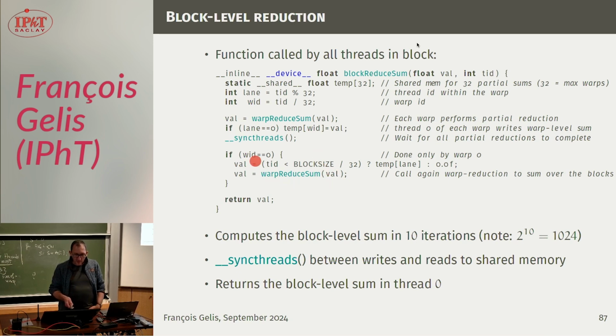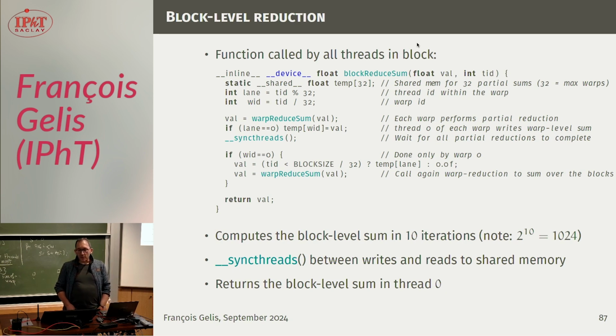And then you have 32 values in this array of shared memory corresponding to the partial sums within the warps. And you again want to sum these 32 numbers. And in fact, since 32 is also the size of a warp, you can call once more this function that does the sum inside the warp to find eventually the sum for all the numbers in the block.